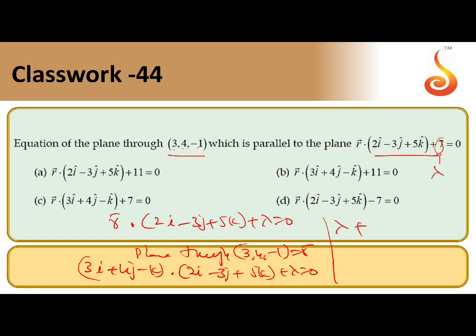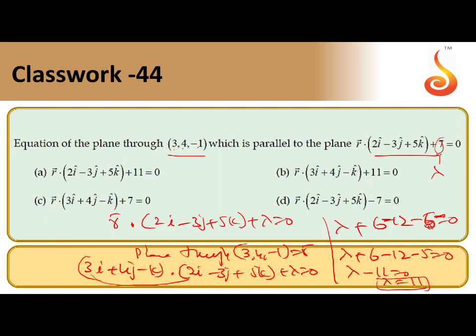Lambda plus the dot product: 6 minus 12, minus 5, equal to 0. Sorry, this is 5, not 6. Once again 6 minus 12 minus 5, so lambda minus 11 equal to 0. Therefore lambda equals 11.